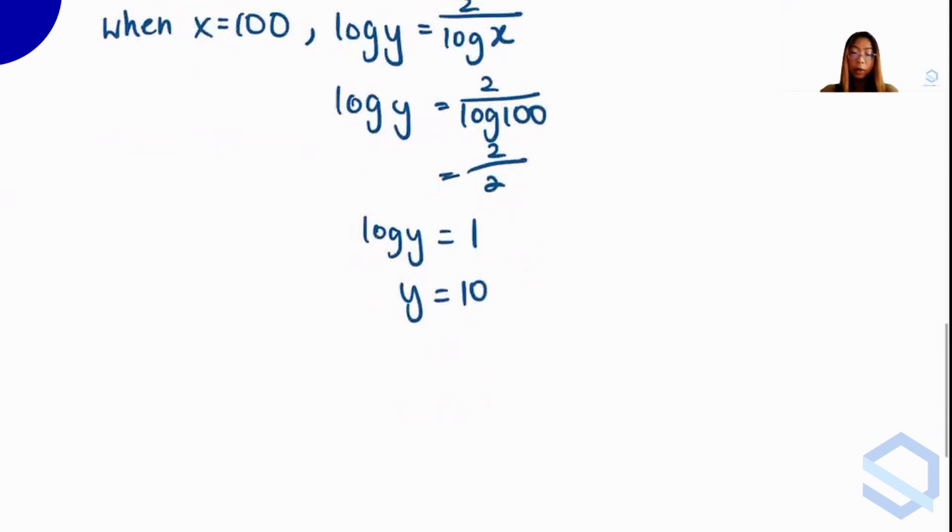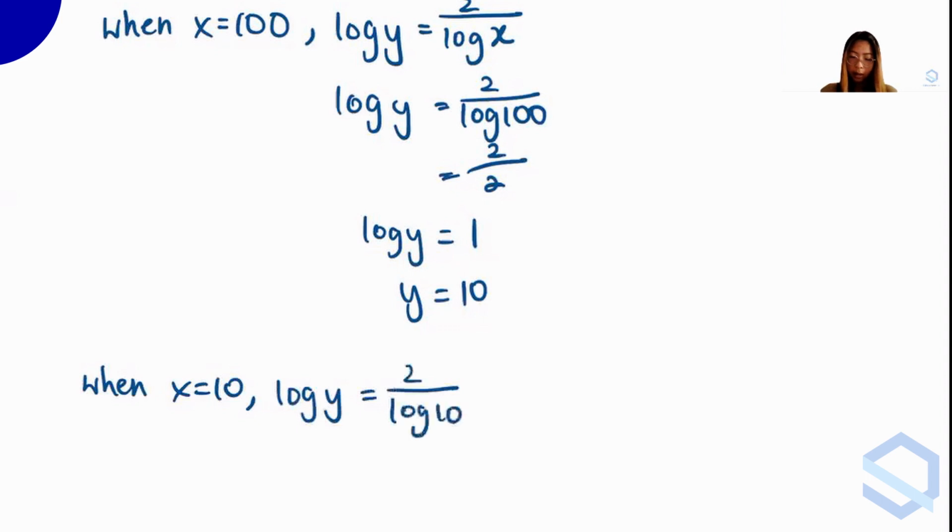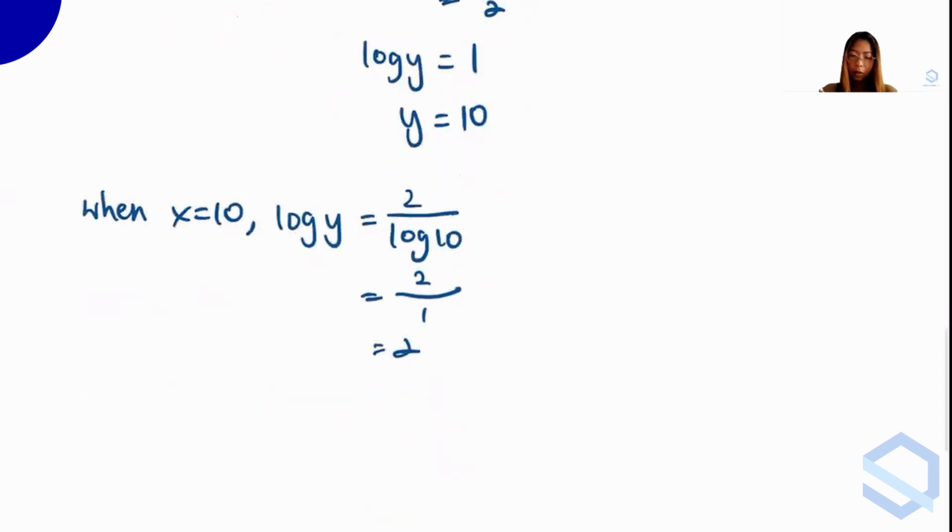And now we substitute the other value of x in. When x equals to 10, log y equals to 2 over log 10, and log 10 is 1, so it will be 2. So it means that log y would be 2, and y would be 10 to the power 2, which is 100. So we can see that we actually obtain two pairs of values for x and y.